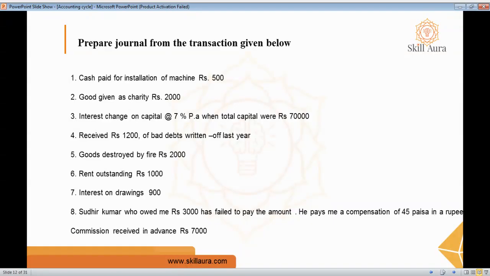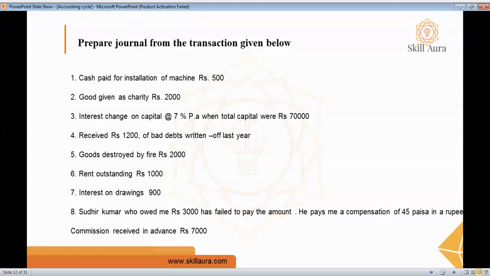In the next transaction, interest is charged on John's capital at 7% per annum when the total capital was 70,000. Here it is an expenses transaction. In the debit column, the expenses account is accrued due to the interest on capital.